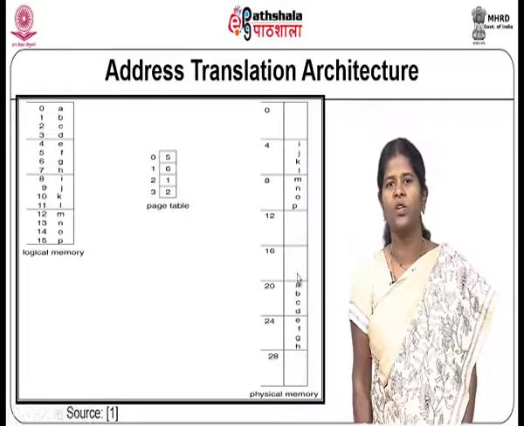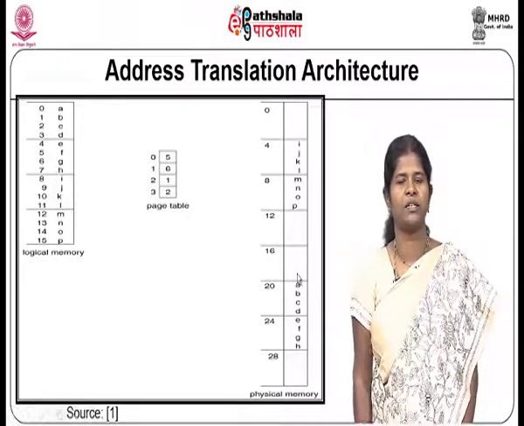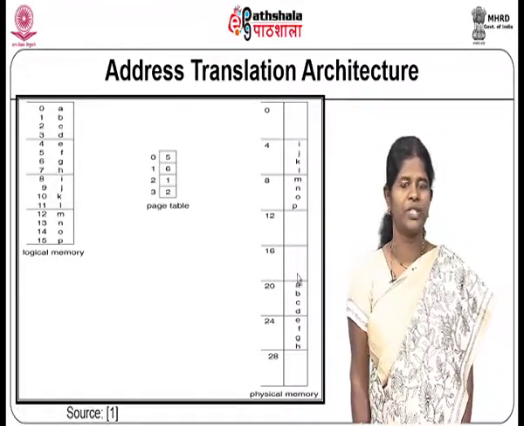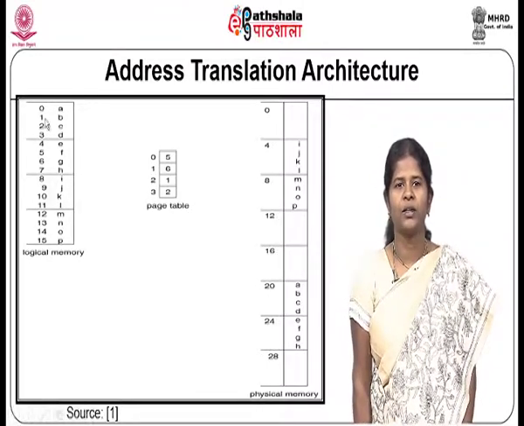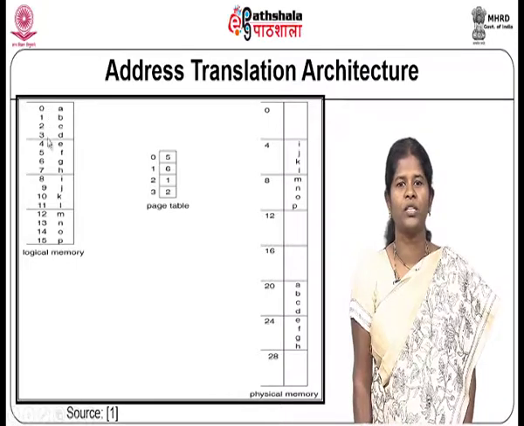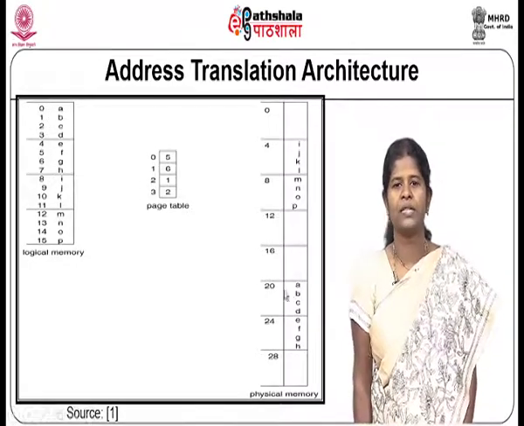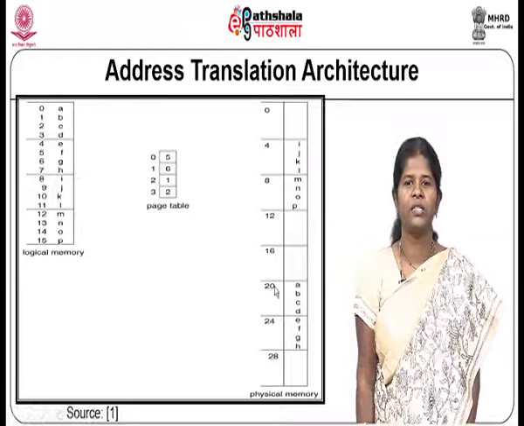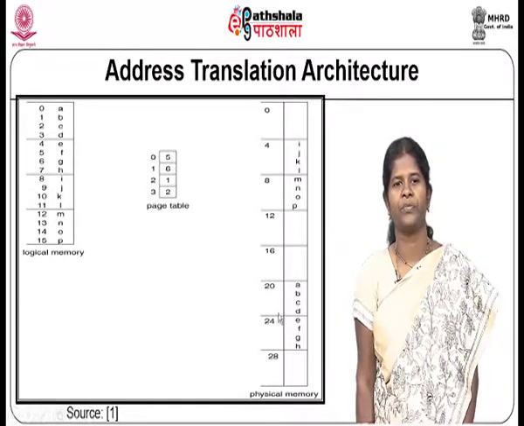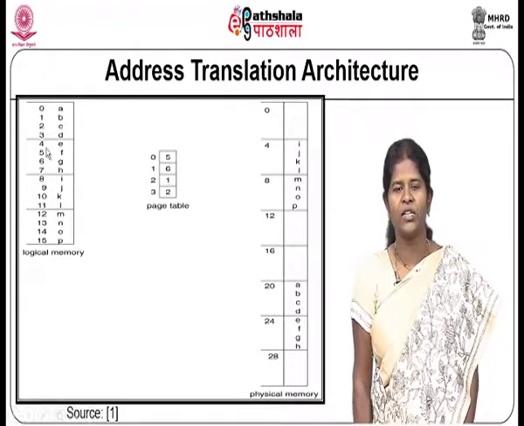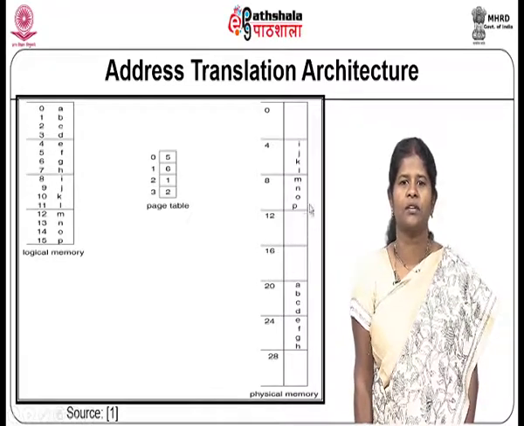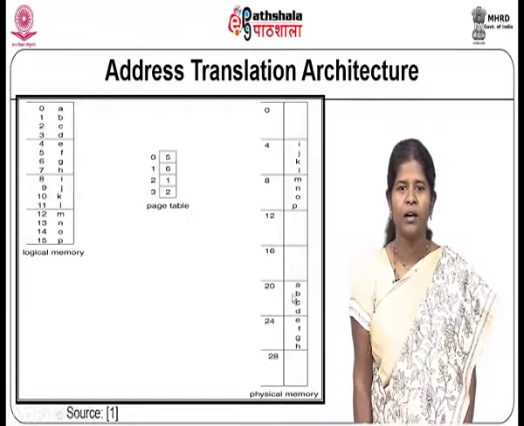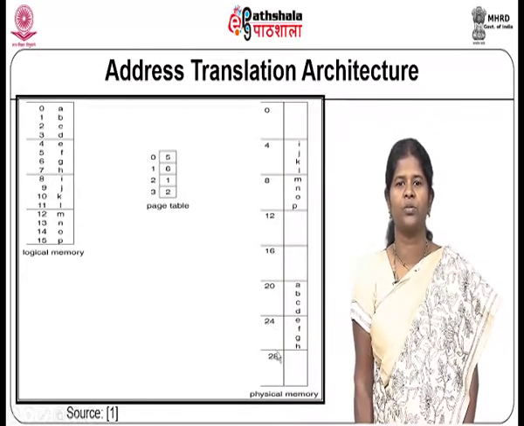The physical memory is also divided into same-sized frames, so the size of a frame is also 4 bytes. The first page, logical addresses 0 to 3, is placed in frame addresses 20, 21, 22, 23, and EFGH, that is logical addresses 4 to 7, is placed from 24 to 27.